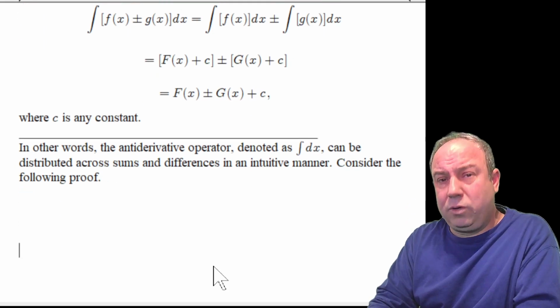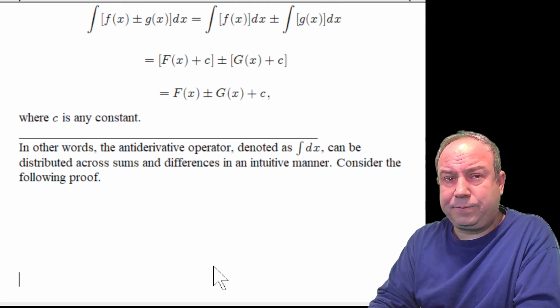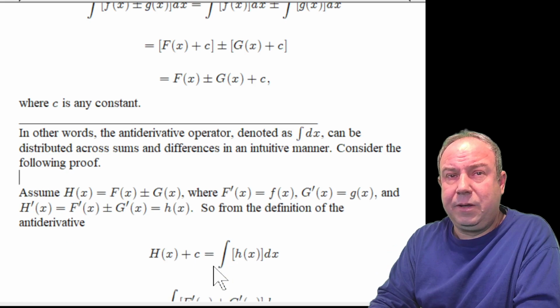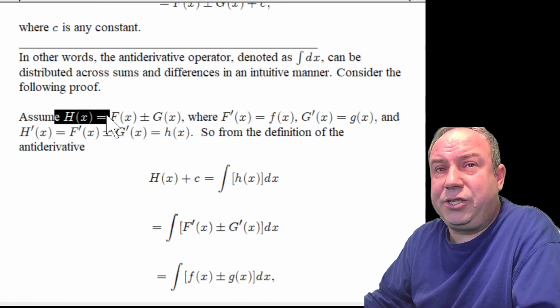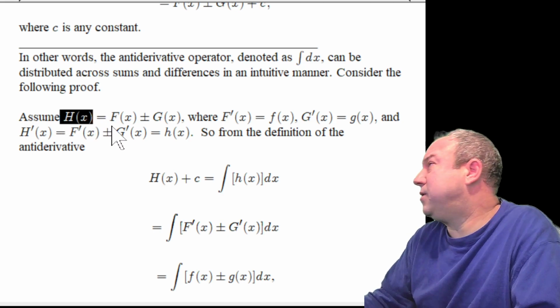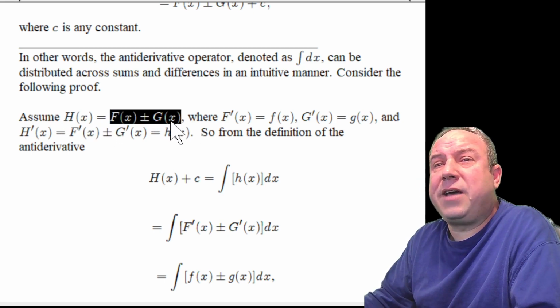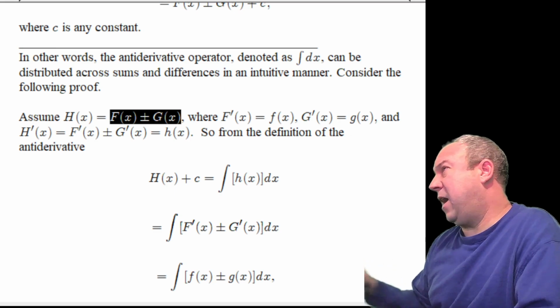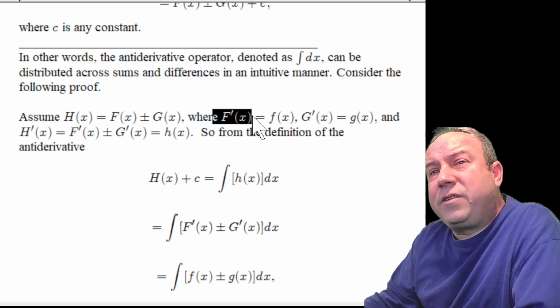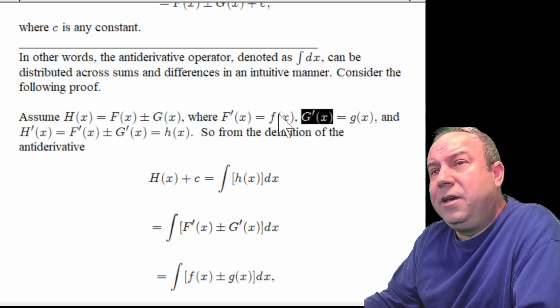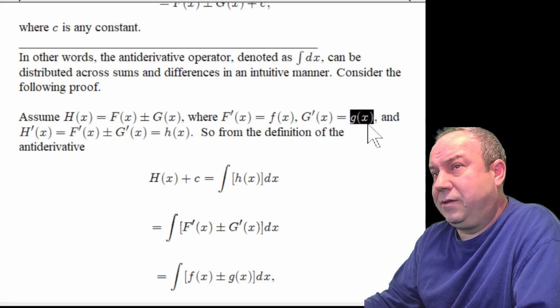If we do a little proof, here we might assume cap h of x is the sum or difference of two antiderivative functions, cap f and cap g, where when you take the derivatives of cap f and cap g, you get little f and little g.